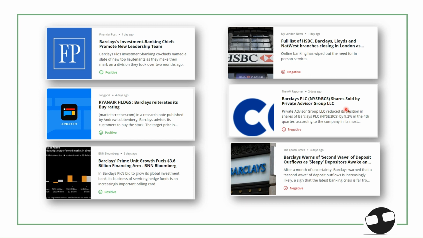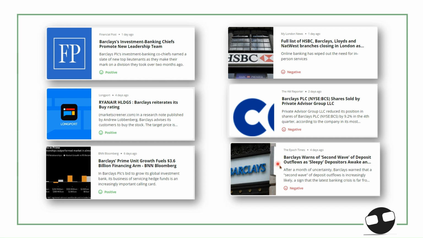For Barclays, shares sold again by a private investor or private advisor group. So that's pretty much a negative direction for the company. It actually reduced the company's position, the private advisors group position by 9.2% for the last quarter of 2022.